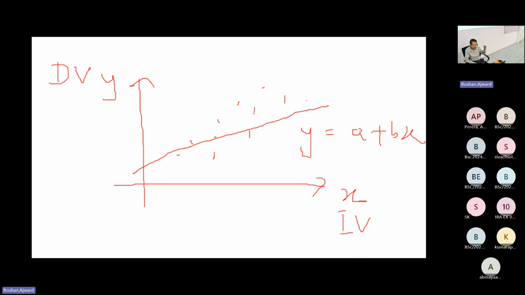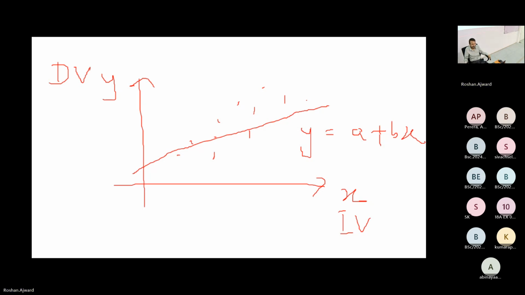A is known as what? The intercept. A is the intercept. In Sinhala, you don't need to know that. In Tamil as well, it has a name that I don't know, but you don't need to know that. Only the English version is enough.